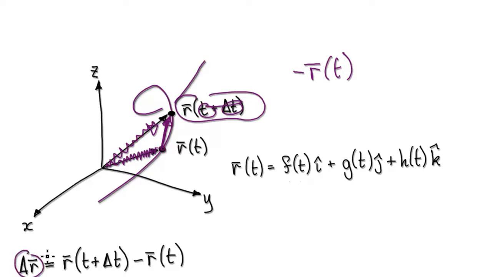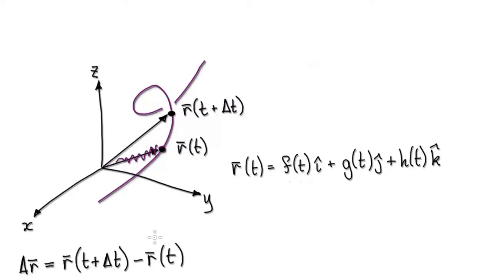So delta r is given by moving in the negative direction, hence the negative here, and then moving in the positive direction here. That's why this is positive and this is negative. So delta r is from here to here.